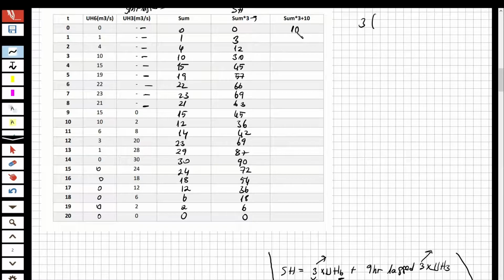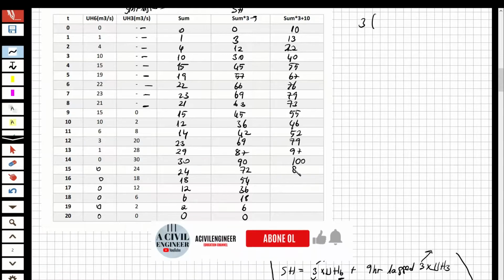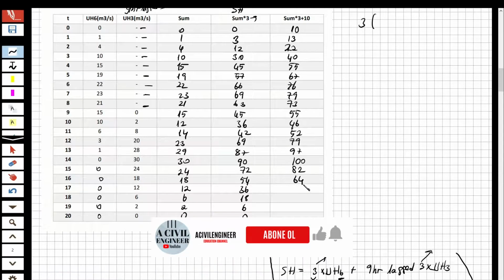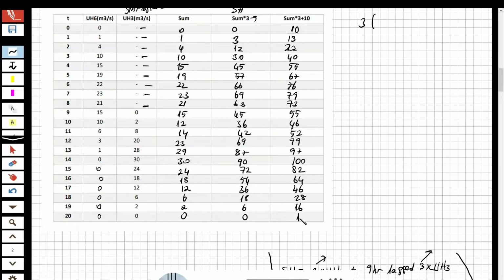This is going to be 10, 13, 12, 22, 40, 55, 67, 76, and 79, and 73, 55, 46, and this is going to be 52, 79, and 97, and 100, and 82, and 64, and 46, 28, 16, and also 10.